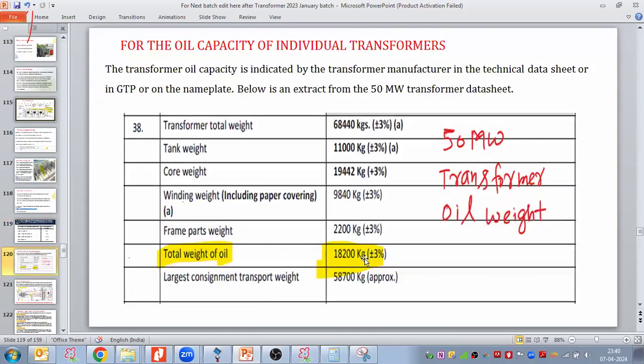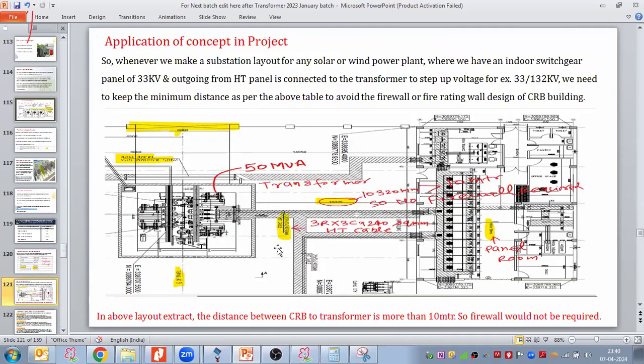Correct? And then take this oil liter and go with the table. Here, this is my 50 megawatt solar power plant. Here I have the control building. In that we have placed the HT panel here.